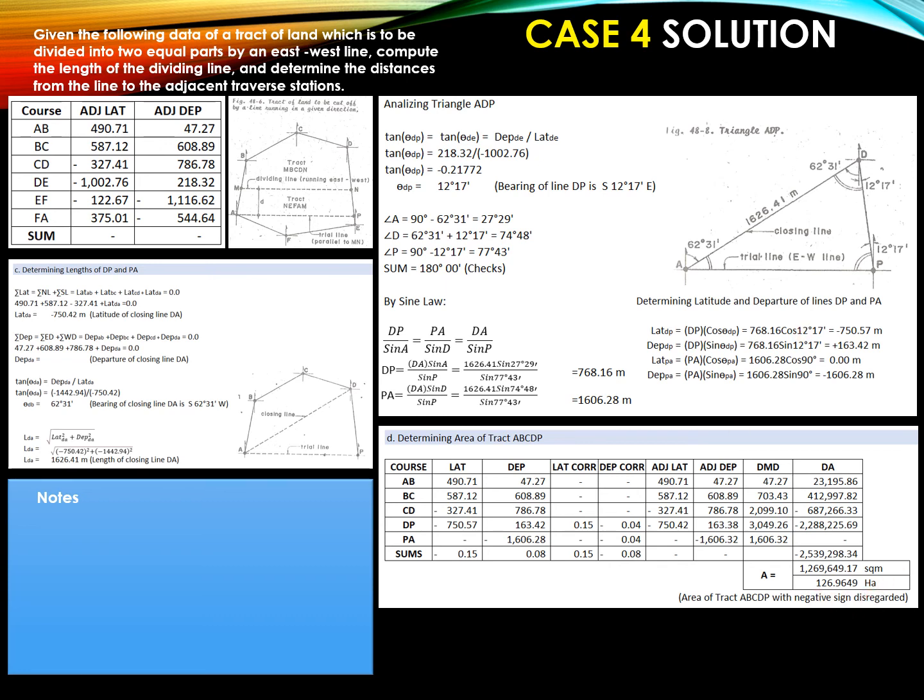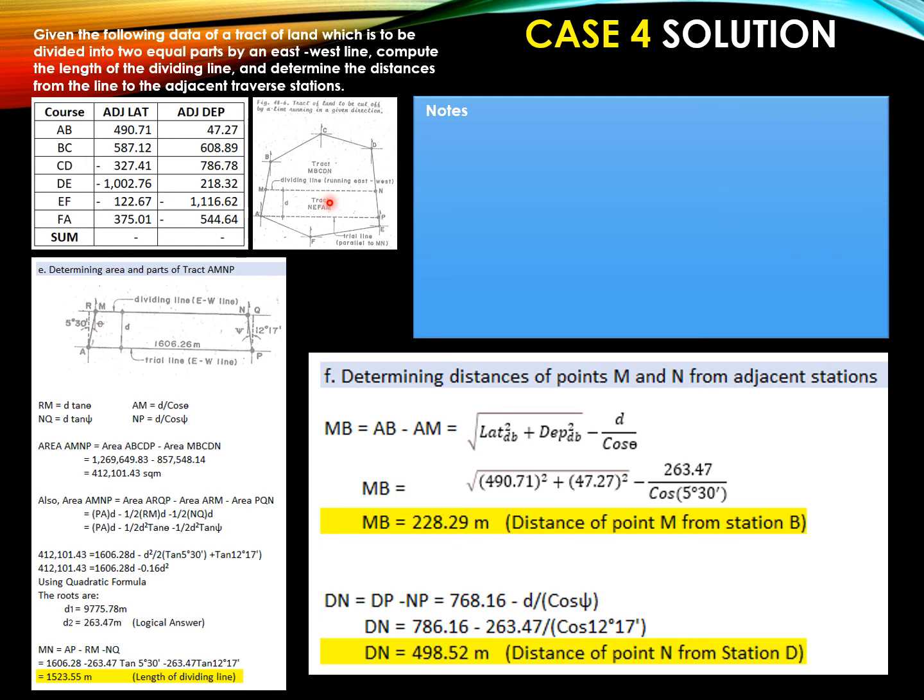Diba? Which is tamang-tama naman kasi kung nandito nga si A, P, E, F, sobra talaga tong A, B, C, D, P kasi andito lang naman yung kailangan natin makuha. So, tama tong trial line natin, tong trial dividing line natin.